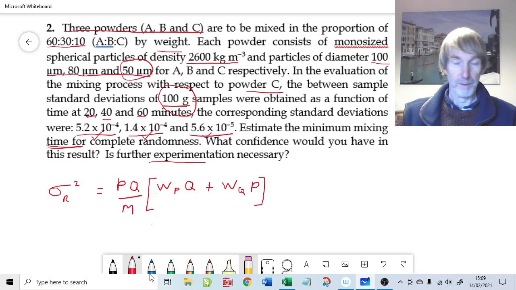Please look at the other video, the part 1 video, to see a discussion on this equation. But it's a nice simple equation.